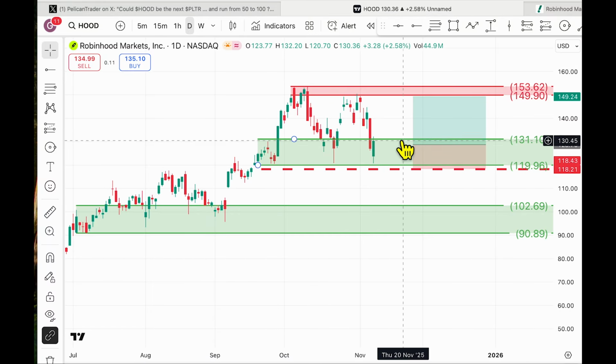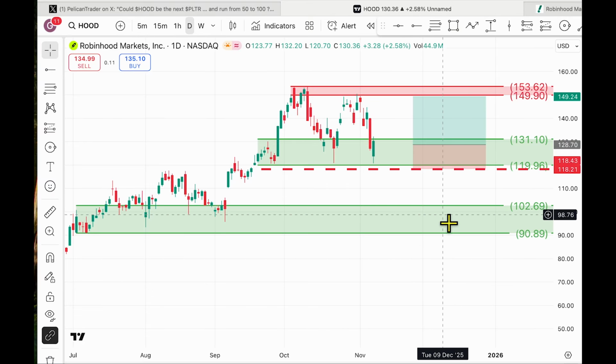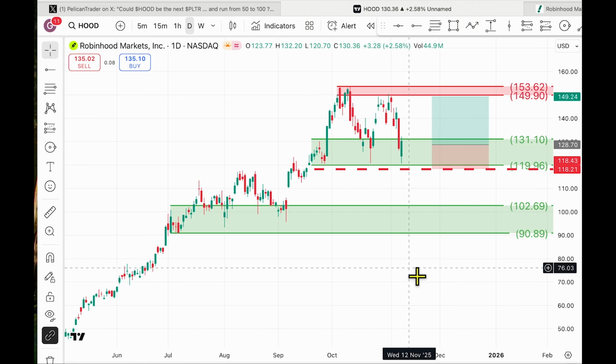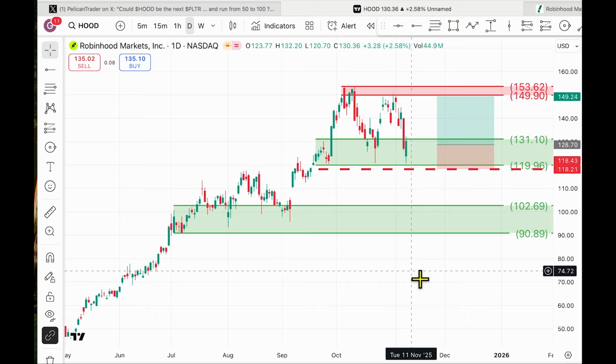So entry in this green area, entry in that green area. Obviously, if you enter in the lower green area, you would have a much greater reward to risk ratio, but it might not get filled down there, okay? Depends how aggressive you want to be. So here's two potential entry points for either a quick trade or a longer term position in Robinhood Markets.